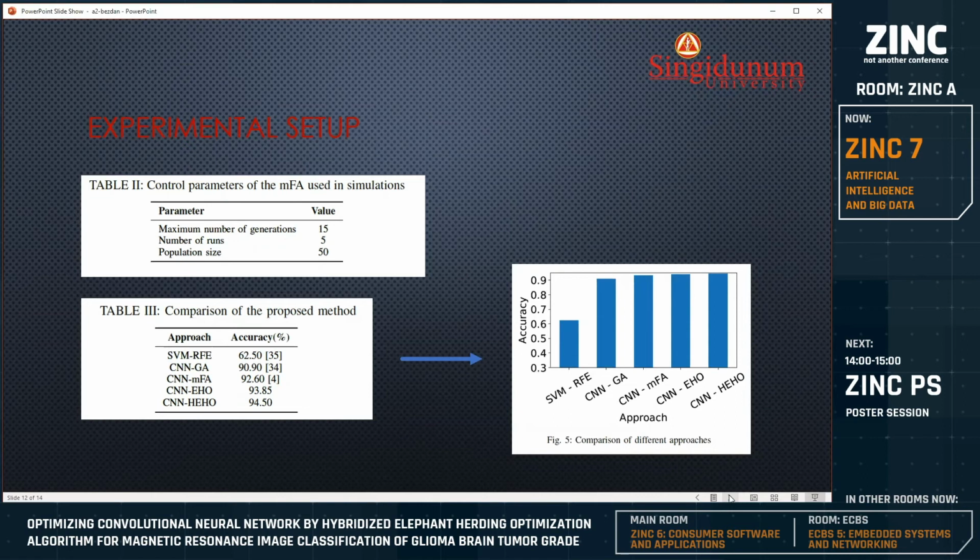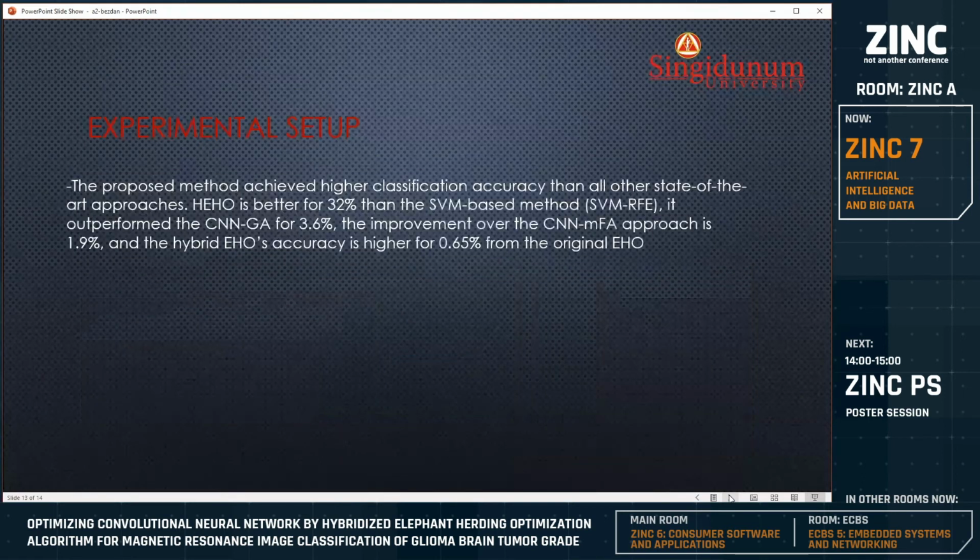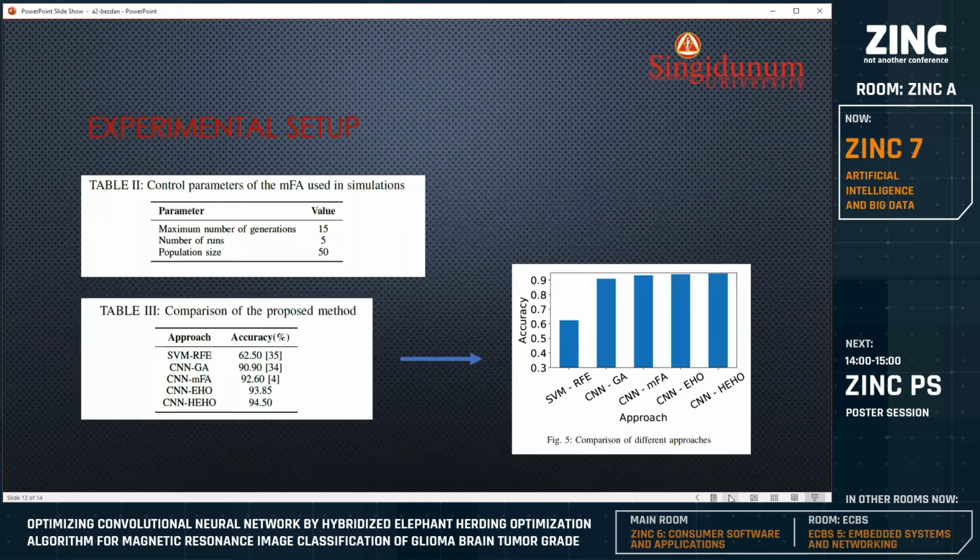So of course, that is increasing within the last several years since it has been proposed, and it's only showing that it is increasing in accuracy versus other algorithms as well. Typically, the proposed method here is just determining and stating the differences between the HEHO algorithm and the other ones compared in the previous slide.